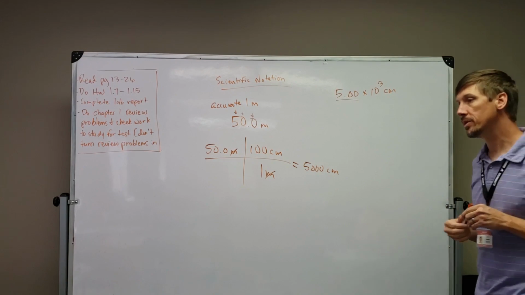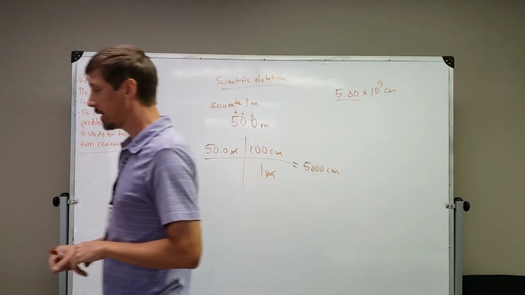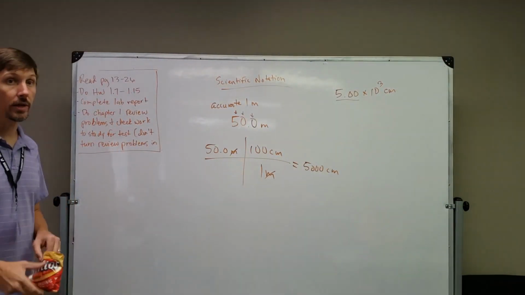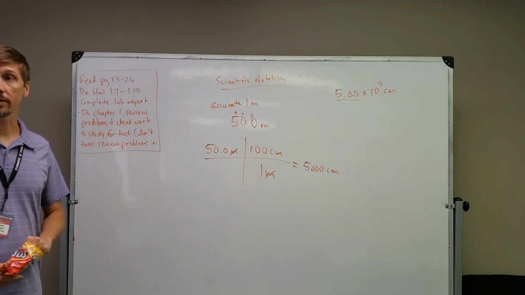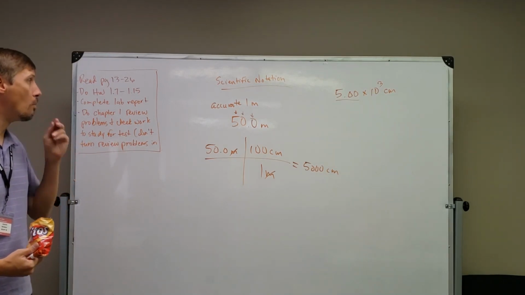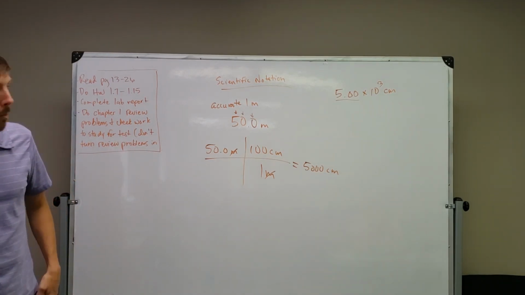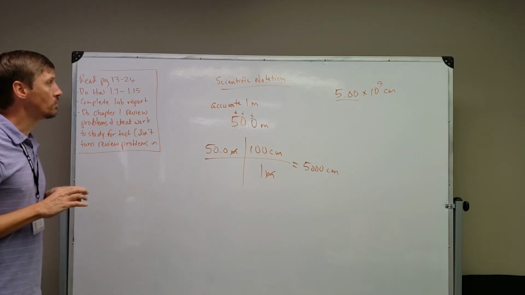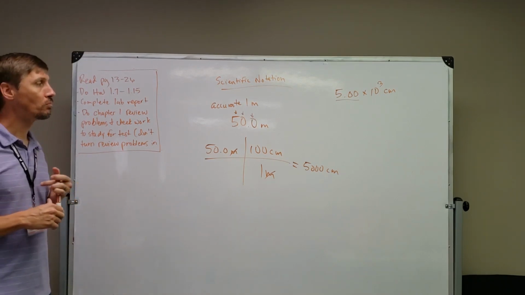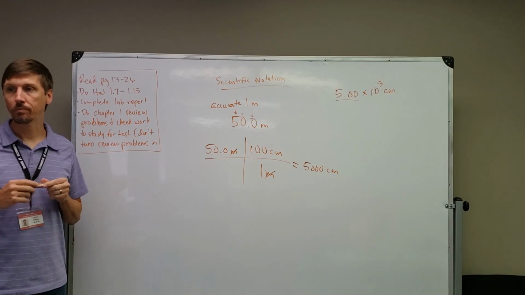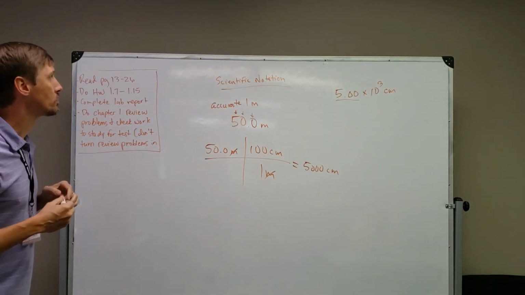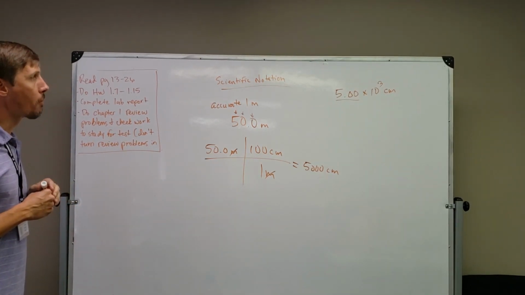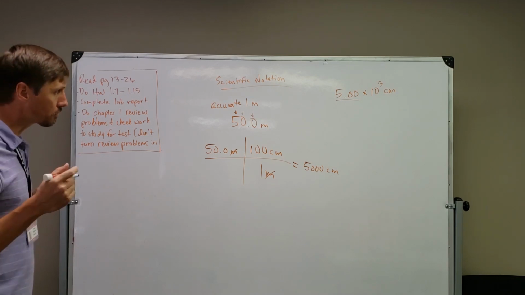So one of the reasons that we use scientific notation in chemistry is so that we can maintain the correct number of significant figures when we're writing our answer. Any questions about that? All right.